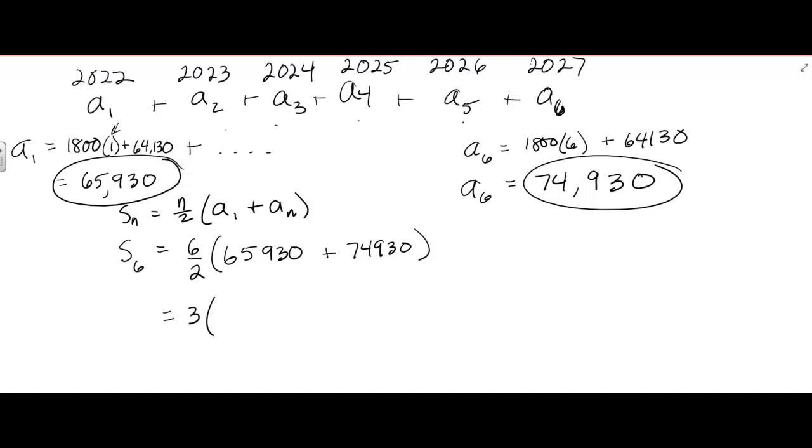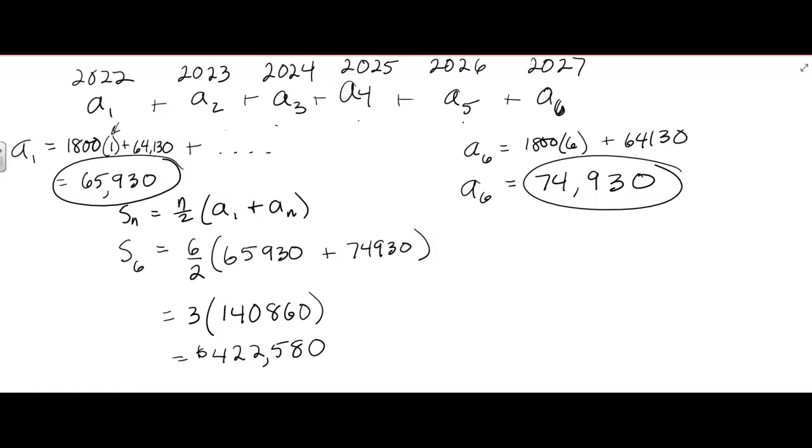So 65,930 plus 74,930, I'm getting 140,860. And then I'll have to multiply that times 3. So I'm getting 422,580.